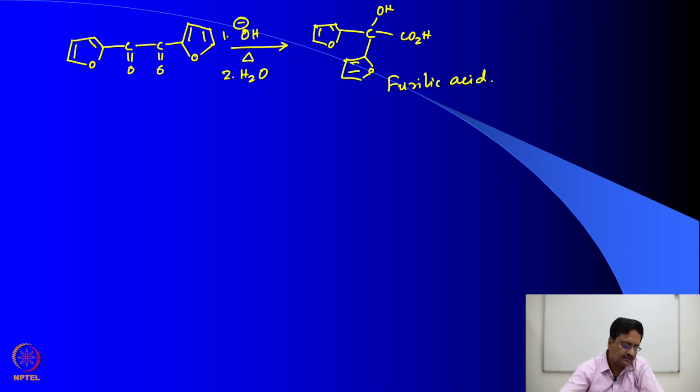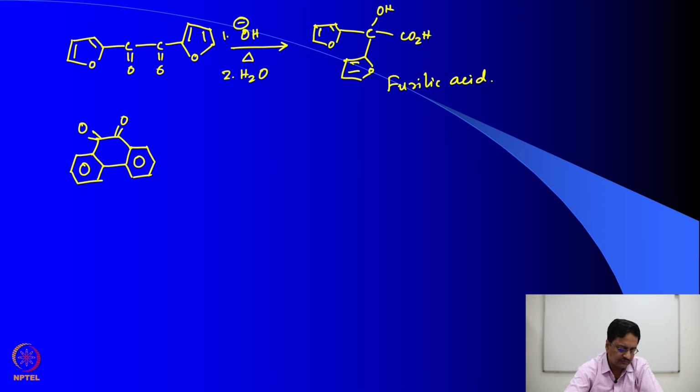An interesting expansion of this can be seen in this particular reaction, where we will see how the benzylic acid rearrangement can form a product with a lesser number of carbon atoms in the chain.